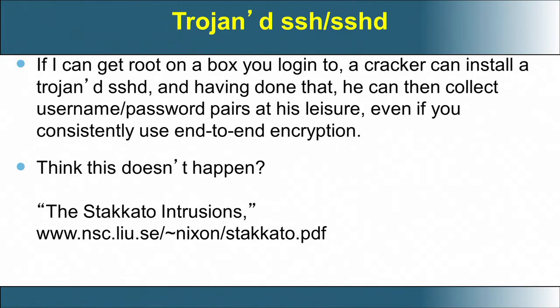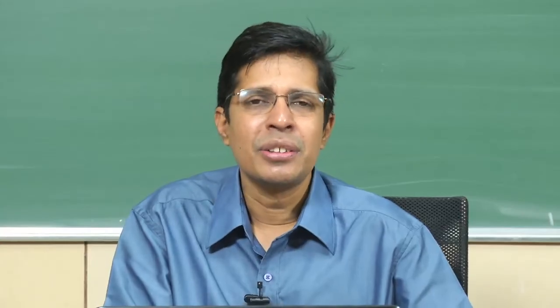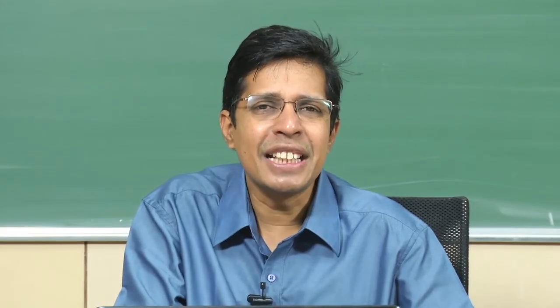For some details on this, the slides are very nice examples. So, in these two slides what I have tried to convey is that though I have end-to-end encryption by the SSH and SSL protocol, it does not necessarily mean that my password is protected and not sniffed.